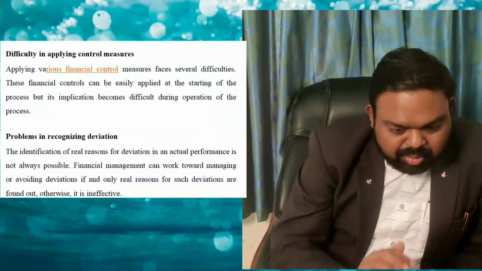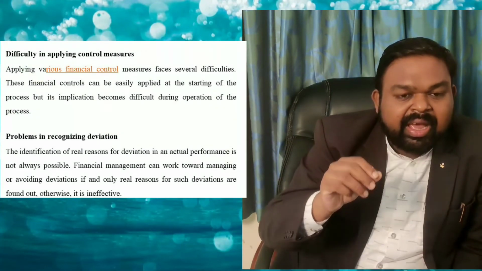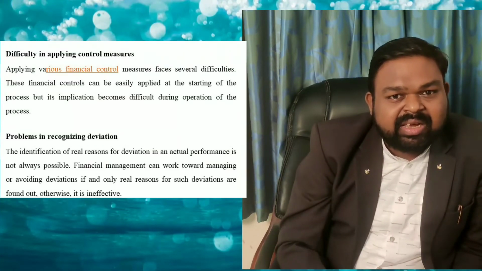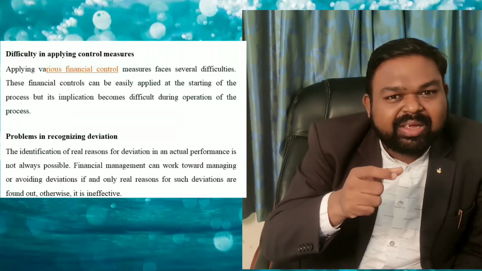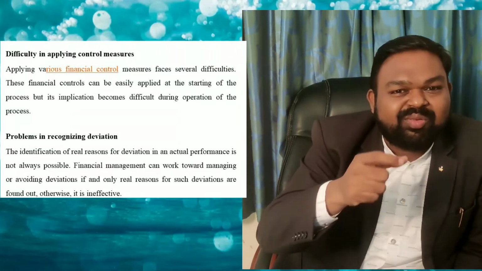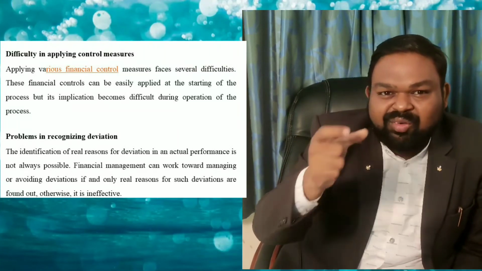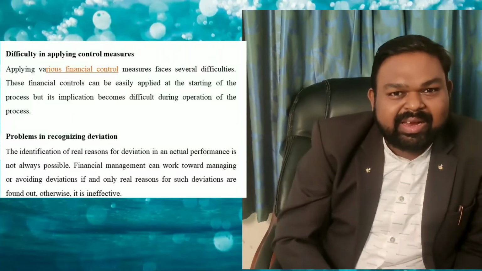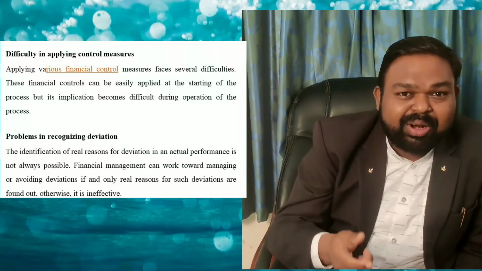And the next one you are going to see is about difficulty in applying control measures. In finance, the major important thing is you can't measure and control the usage of your funds. If any new product is delivered and issued in the market, others are using it, but you are not using it.